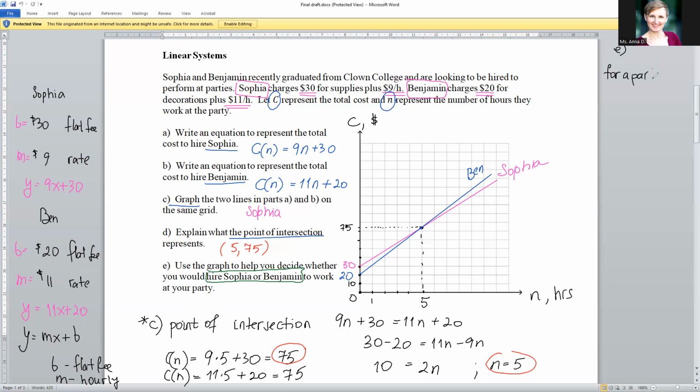For a party that lasts from 0 to 5 hours, hire Ben because Ben is cheaper. For a party that lasts exactly 5 hours, it doesn't matter, their costs are equal.